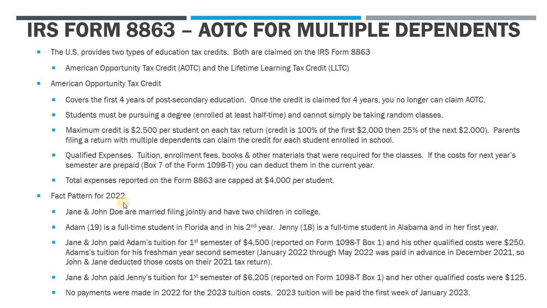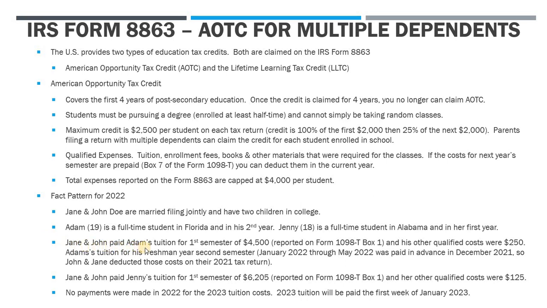Okay, so let's look at the fact pattern itself. Jane and John Doe are married, filing jointly, and have 2 children, right? So they've got Adam. He's 19. He's a full-time student in Florida, and this is his 2nd year in university, right? So he was a freshman last year, sophomore this year. Jenny is 18. She is also a full-time student in Alabama, and this is her 1st year in university, so she is a college freshman.